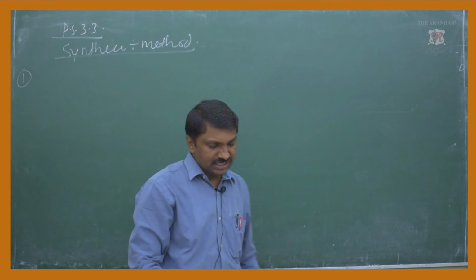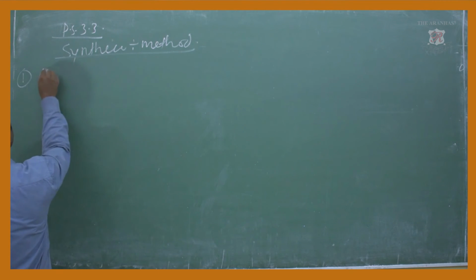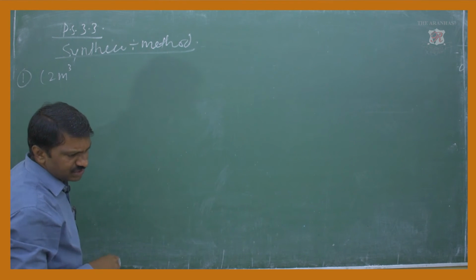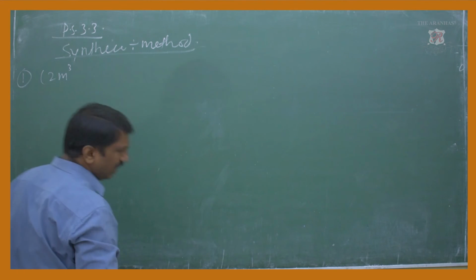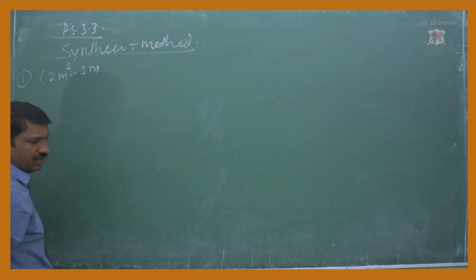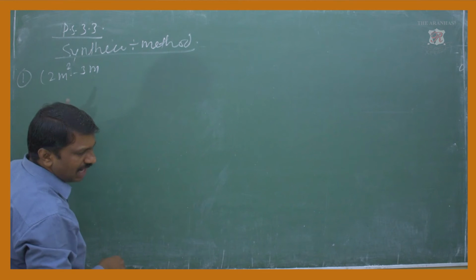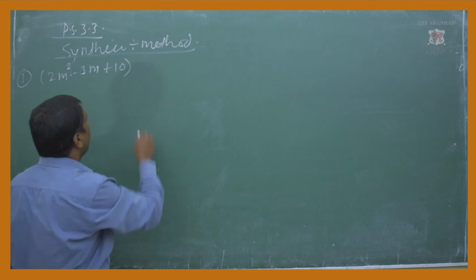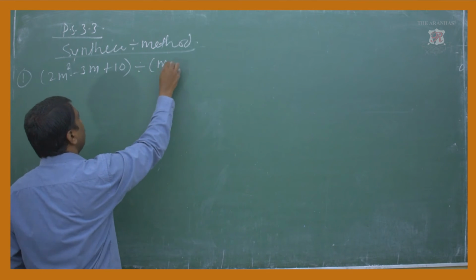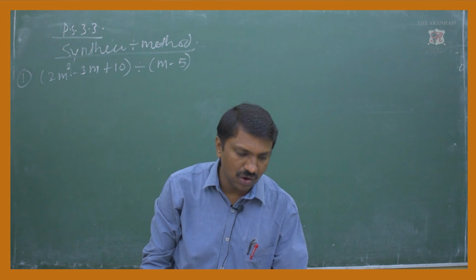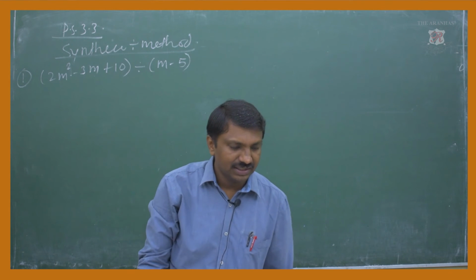The first example given here is 2m cubed, 2m square minus 3m plus 10 divided by m minus 5. This is the question you have to solve by synthetic division.